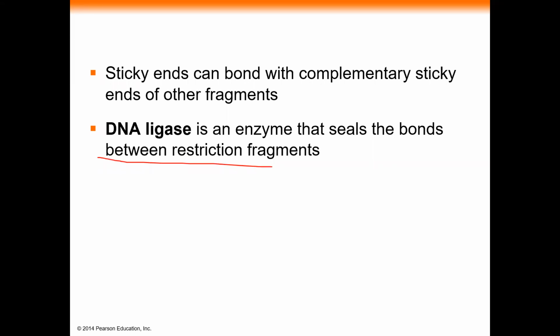So DNA ligase is simply an enzyme that will seal bonds between DNA, or in this case, seal bonds between restriction fragments. We're going to see DNA ligase again when we talk about DNA replication later. So again, a lot of these terms we're just kind of hitting on briefly here, but we will talk about them in more detail later in the semester.